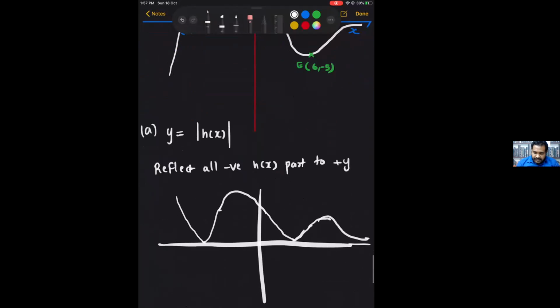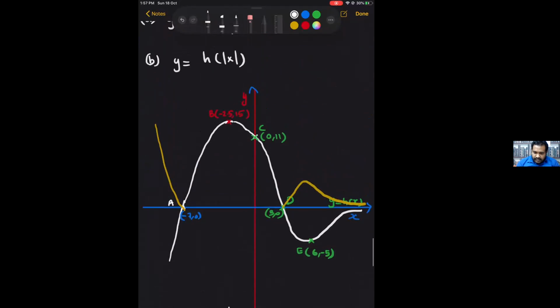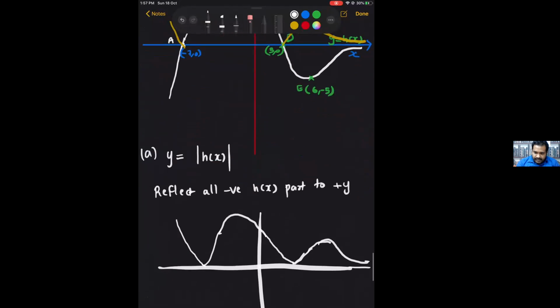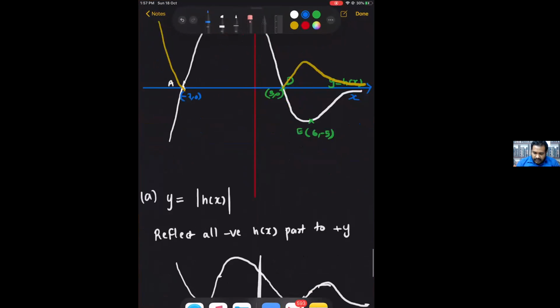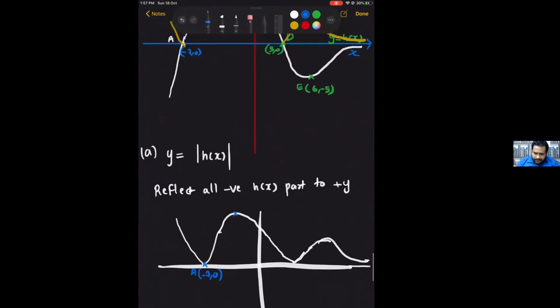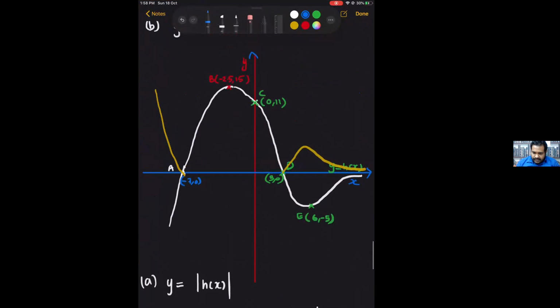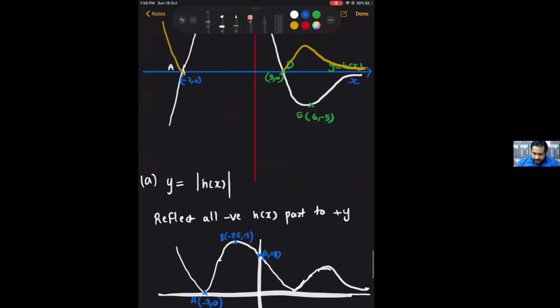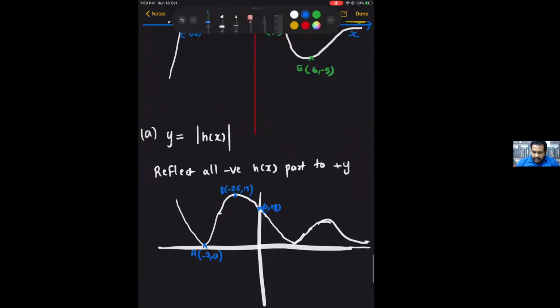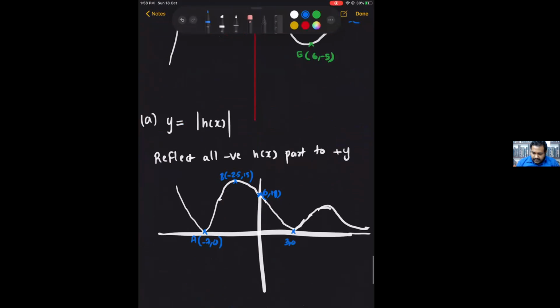Then what about the corresponding coordinates? In this case, A exactly remains the same, -7, 0. And B also remains the same, -2.5, 5. And this is 0, 11. And this is 3, 0.